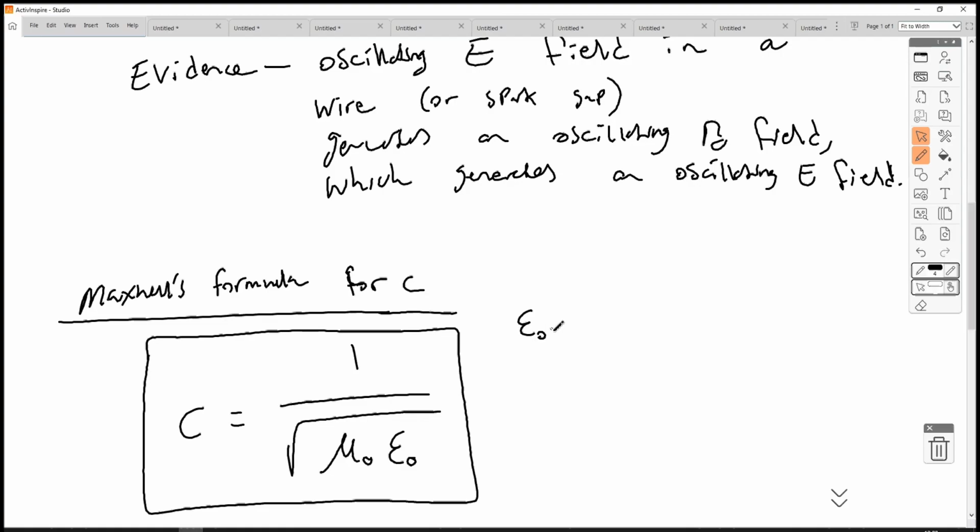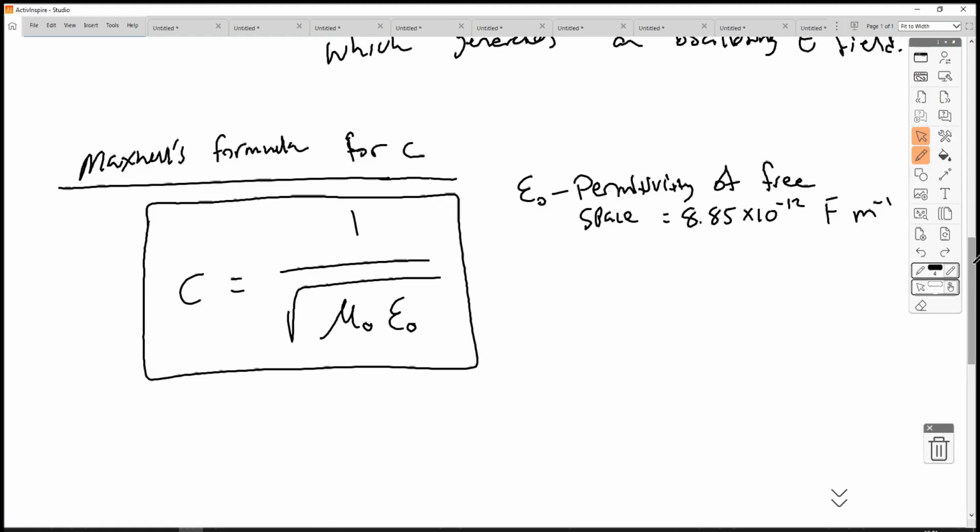So epsilon naught, the permittivity of free space, which is equal to 8.85 times 10 to the minus 12 farads per meter. And it is how difficult it is for an E field to exist in that space.